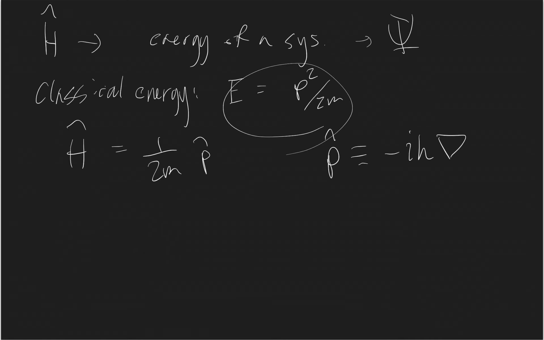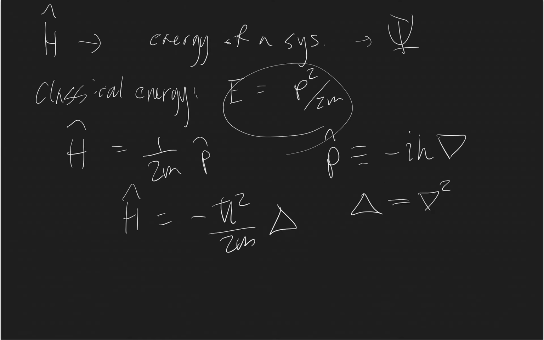Okay, and so then we could have for the Hamiltonian of a free particle negative h bar squared over 2m times the Laplacian. Where the Laplacian is simply nabla squared, which would be the dot product of these two vectors. And of course they commute, okay?